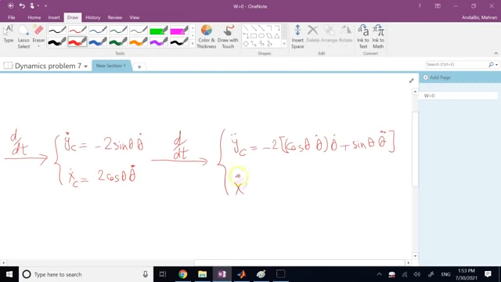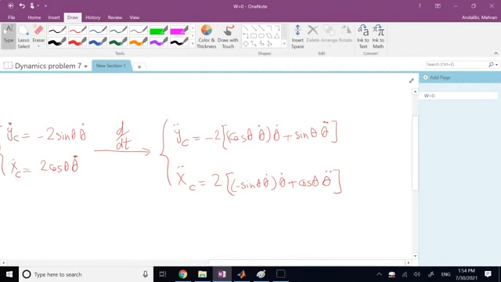And similarly, x double dot of c is going to be 2 times, and now here you have cosine and theta dot, so the derivative of cosine is going to be negative sine theta theta dot. You multiply it by theta dot, which is the second term, and then plus cosine theta times theta double dot.